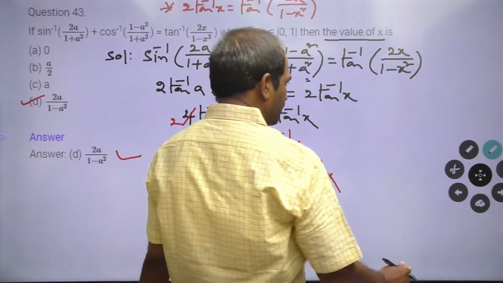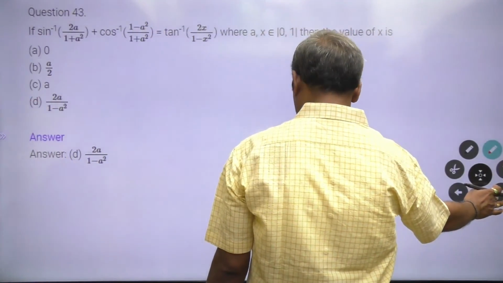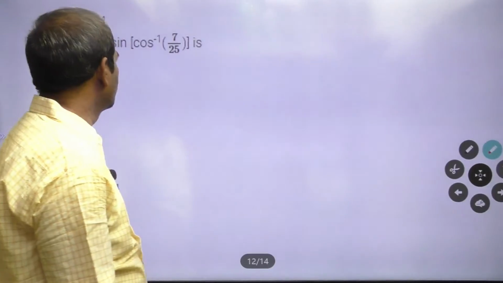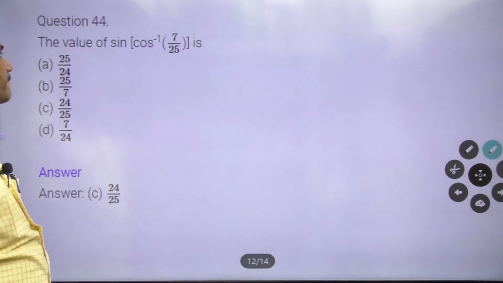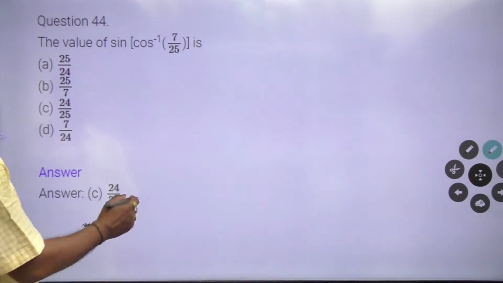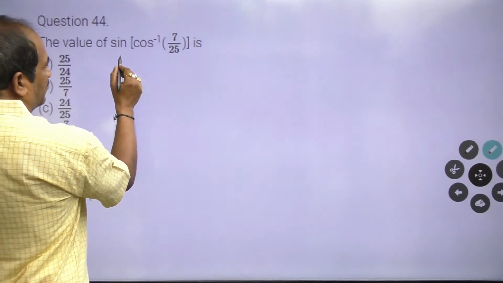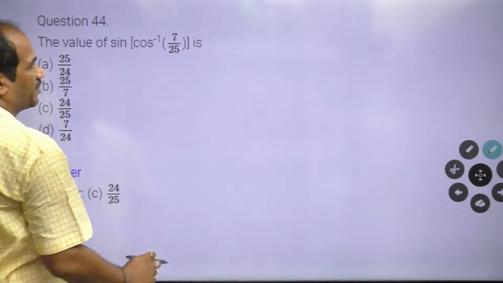Okay, next problem. The value of sine of cos inverse of 7/25, this total value.